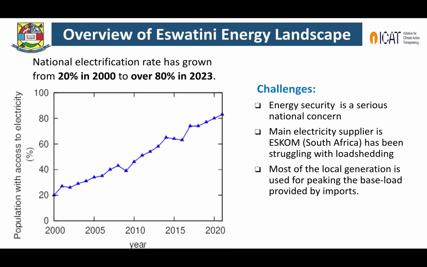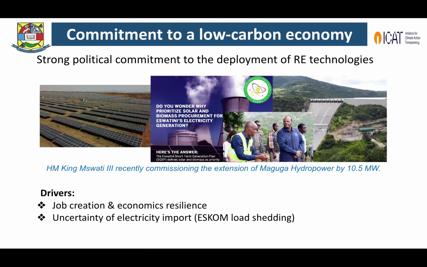This means that the energy demand for the country has greatly increased, while we still greatly rely on the imports. So Eswatini is looking to generate more energy locally so that it has energy security, but it also wants to have more renewables as part of the energy that is being generated. Next slide, please.